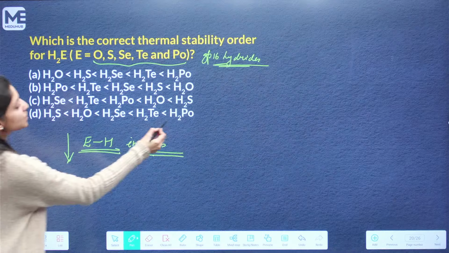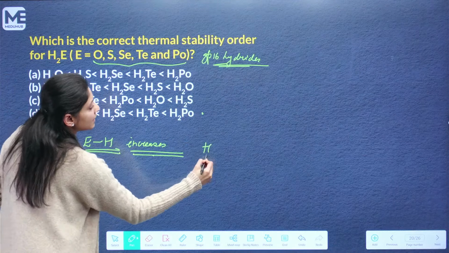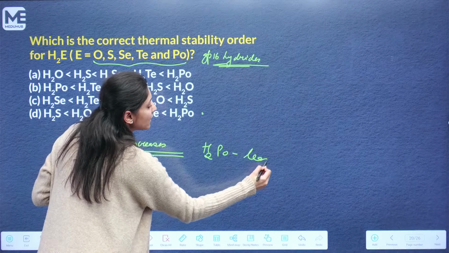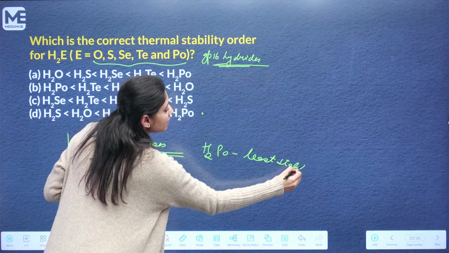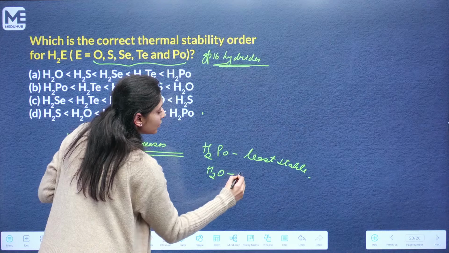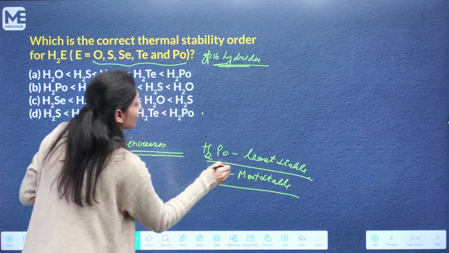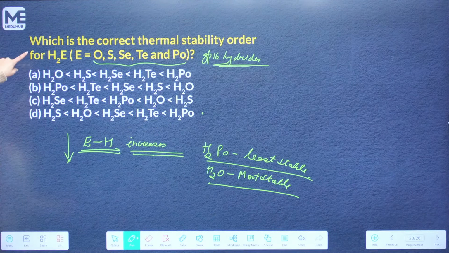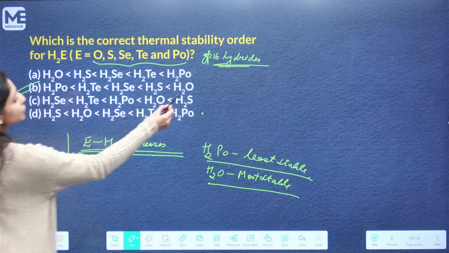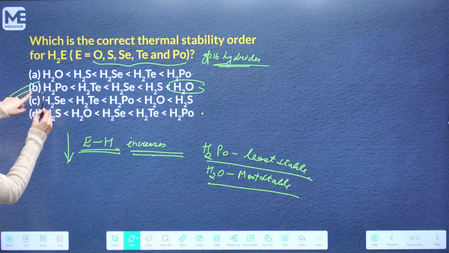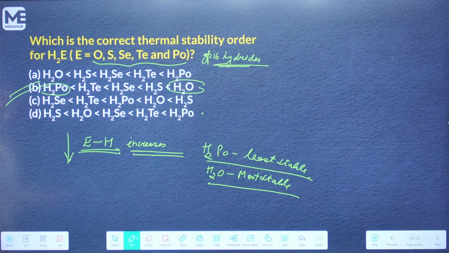H2Po is the least stable on moving down the group, and H2O would be the most stable. Out of these options, you will see which one is true. Option B says H2O is the most stable and H2Po is the least stable. So this is the correct order, option B.